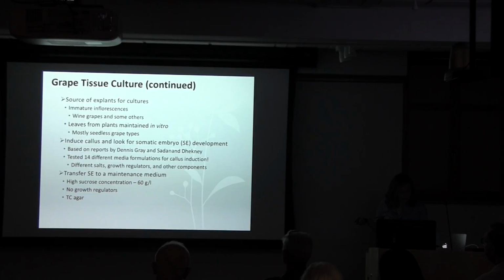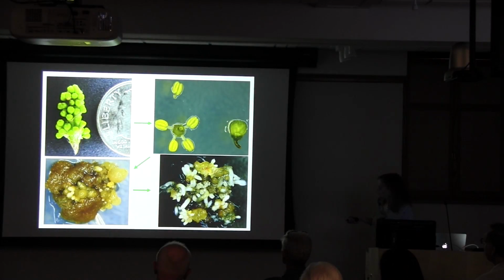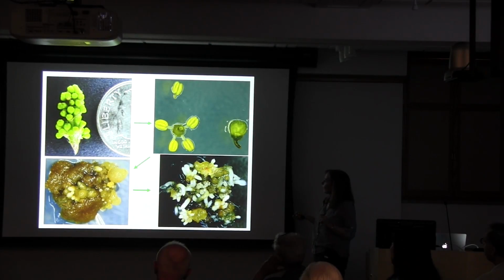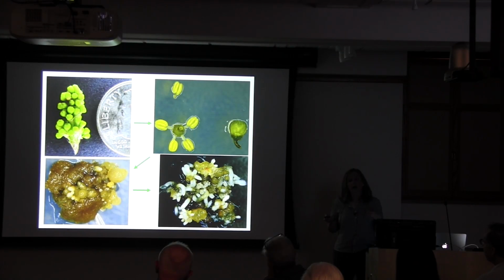Okay, now here's the fun part. So, this is an immature inflorescence from Scout, and this is a dime we use as a size reference. So you can imagine the size of that immature inflorescence. And what we end up doing with these is we treat the inflorescence with a bleach solution to clean it up. And there's a lot of dissecting scope work that has to be done.